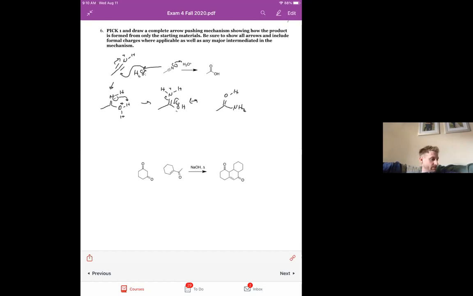From here, we've made our protonated amide. This can yet again get attacked by water. Do another proton transfer.